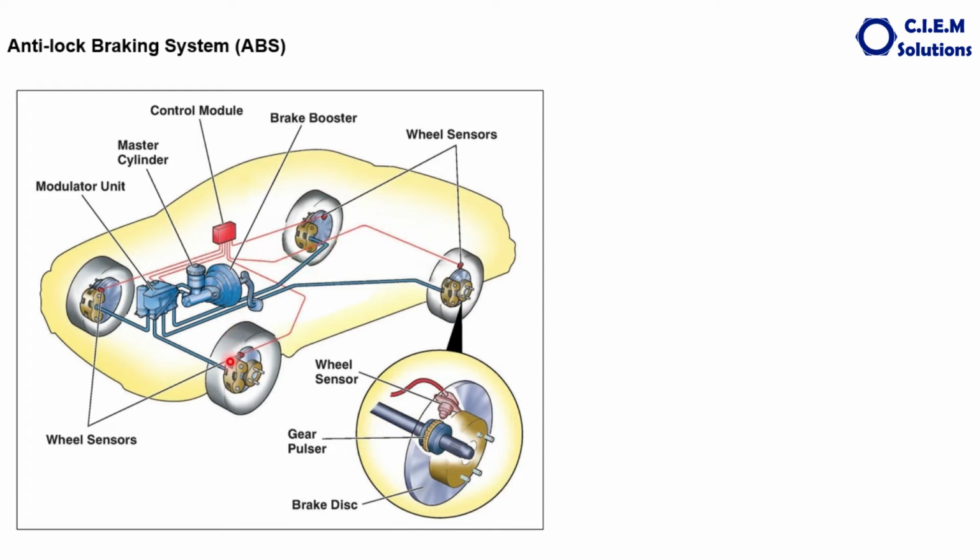The vehicle has 4 wheels, so there are 4 wheel speed sensors fitted to the vehicle. And the second one is called the control module. It is an electronic control module. The third additional item is the most important one, the modulator unit.